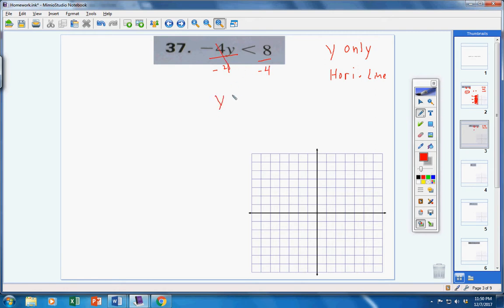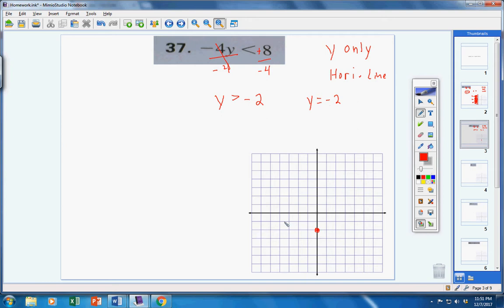Don't forget to turn the arrow. A positive divided by a negative is a negative. 8 divided by 4 is 2. Now, pretend you have an equal sign here, and you would have y equals -2. So that's a horizontal line going through -2.